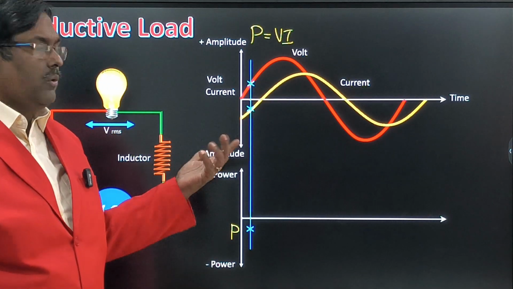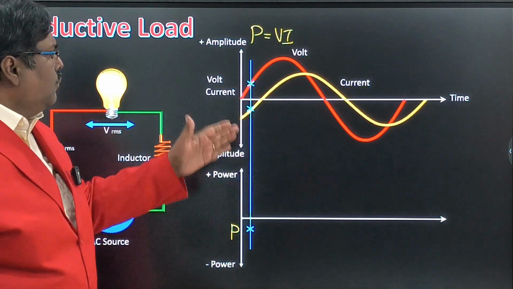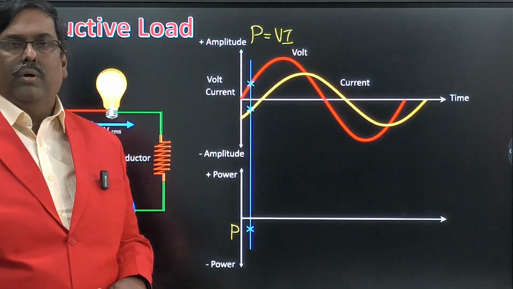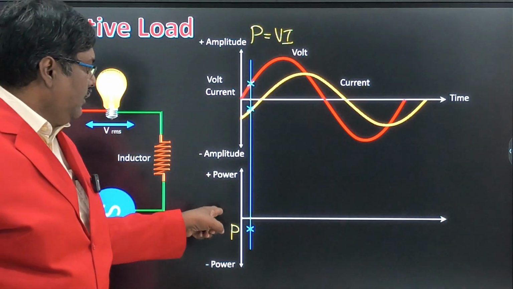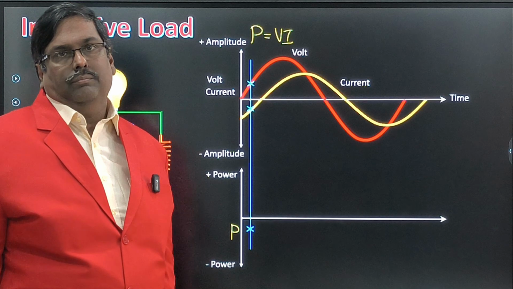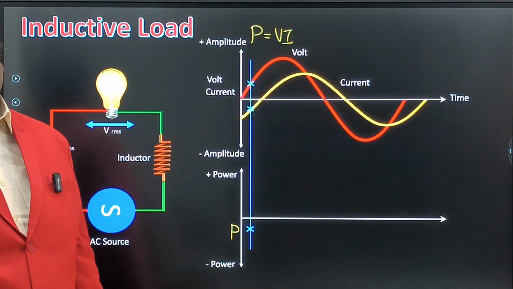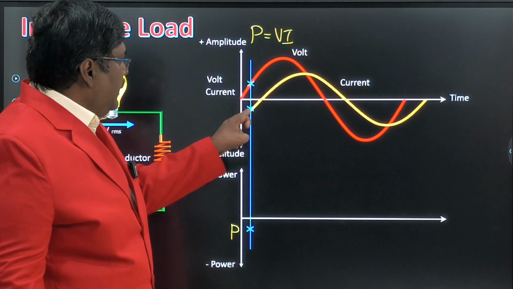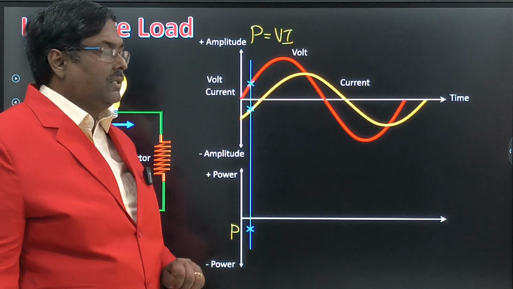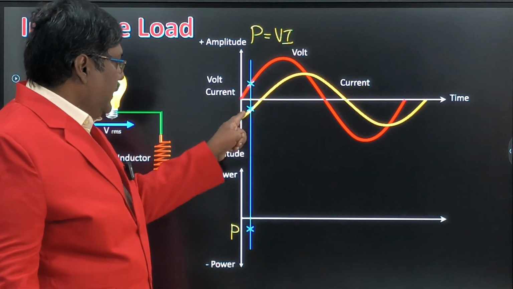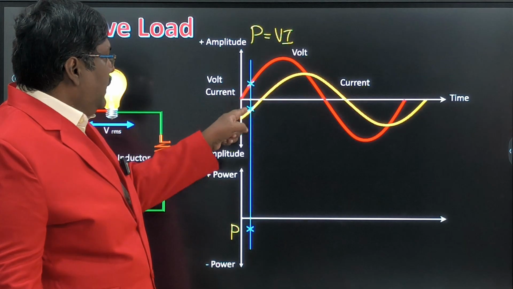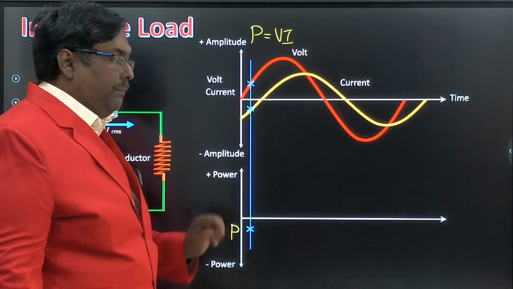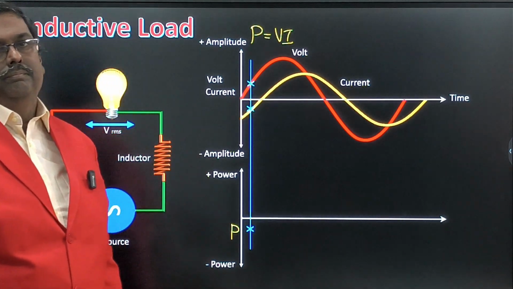We are not going to take an average or RMS value. We can divide it however we like, because finally we are going to plot a curve for understanding purposes only. So we find the instantaneous voltage and instantaneous current at the same point, multiply these two values, and plot in the power diagram.